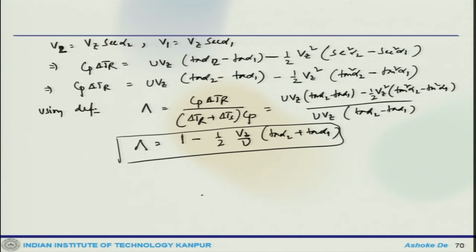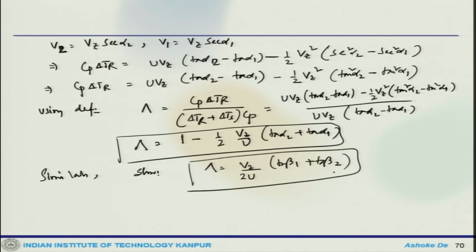Similarly, one can show that this would be V z by 2 u (tan beta 1 plus tan beta 2). So, that also can be seen or done.